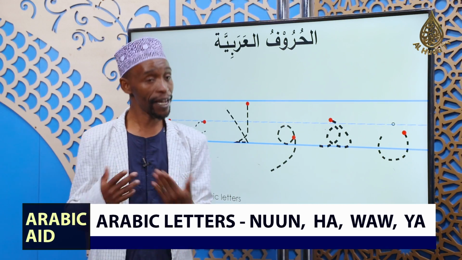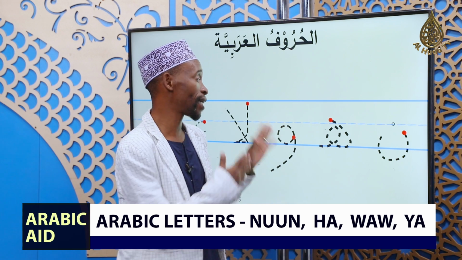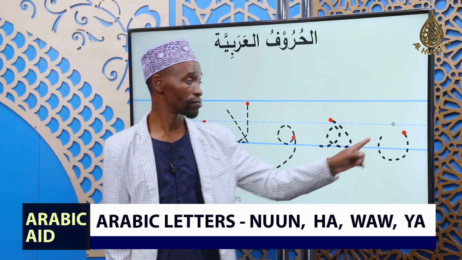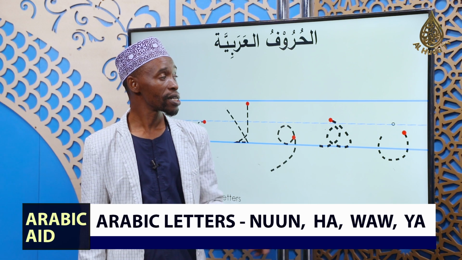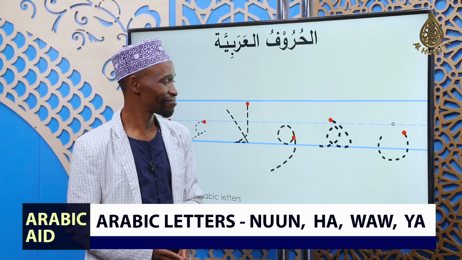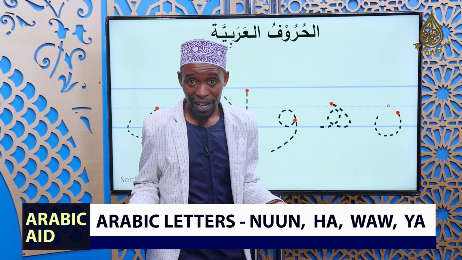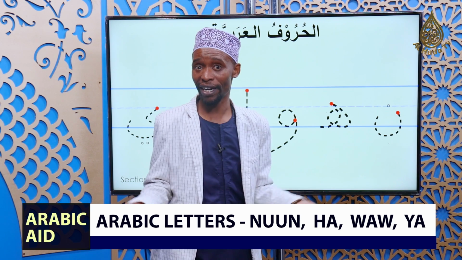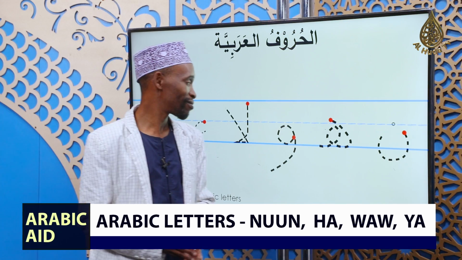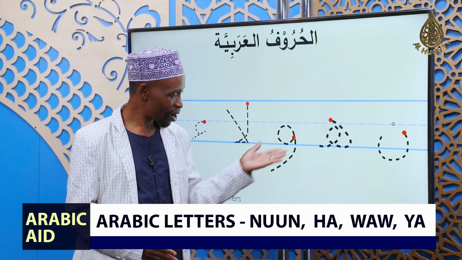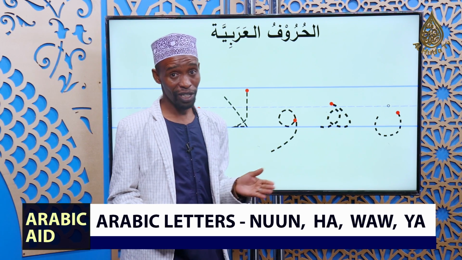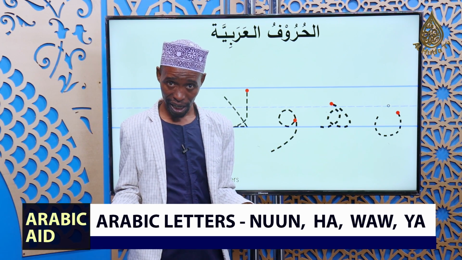Let us identify the dotted and undotted letters so far. Noon is an undotted letter. True or false? Is it a dotted letter or undotted letter? Now let's go to wow. Look at wow. Is it dotted or undotted?